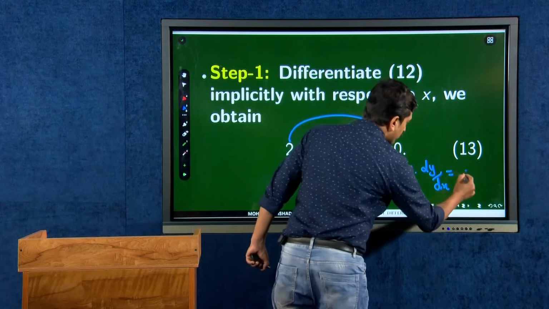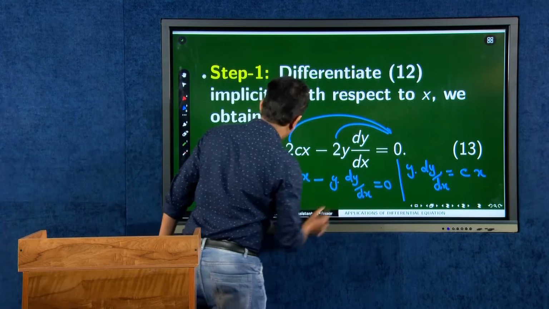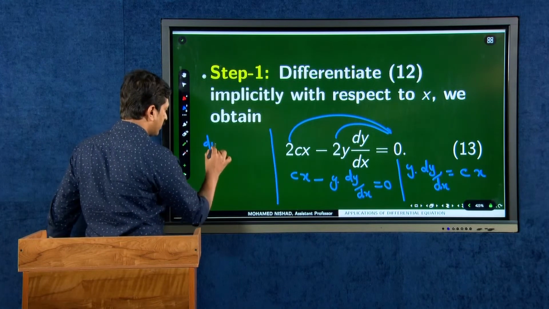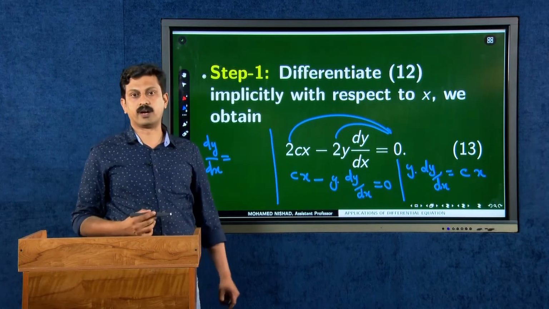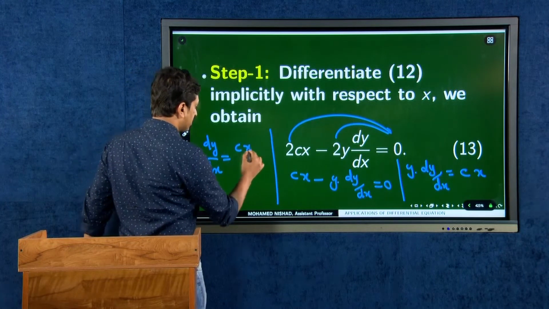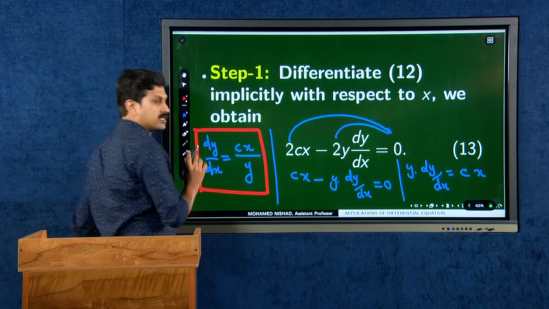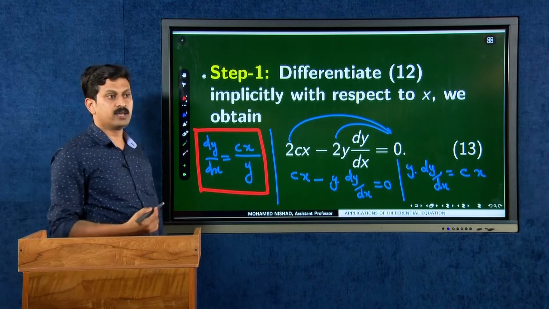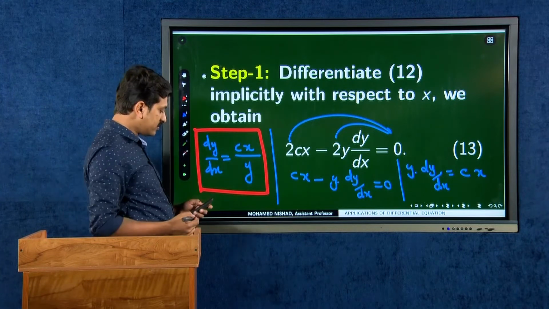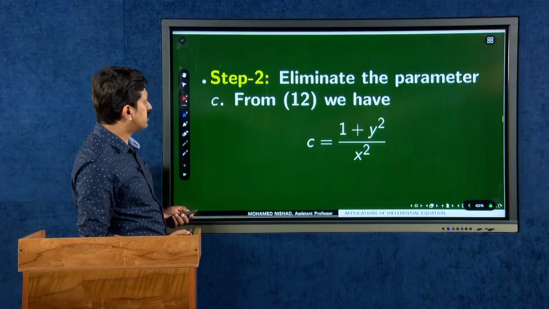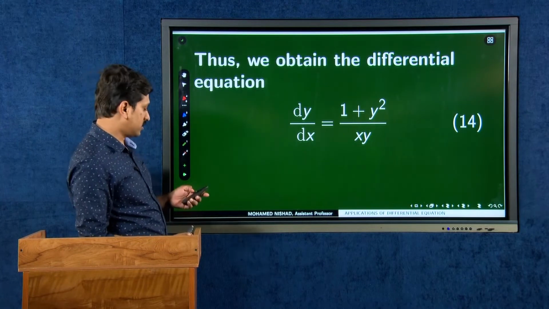So, we already found the value of c. Therefore, dy by dx is equal to cx divided by y.